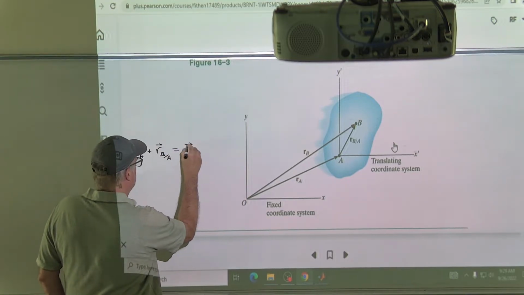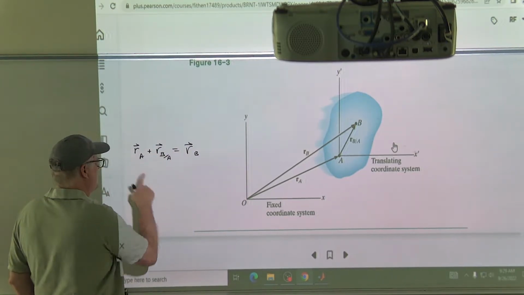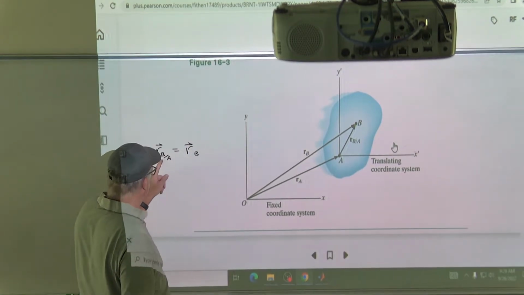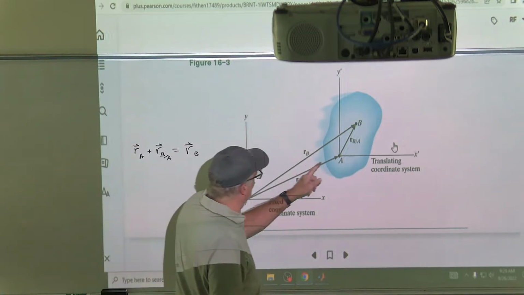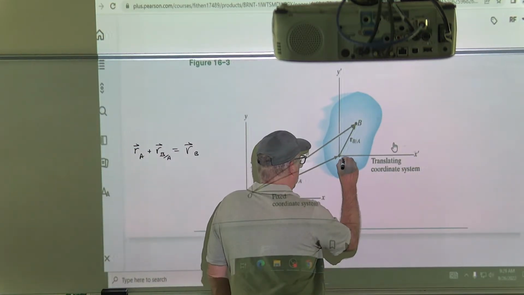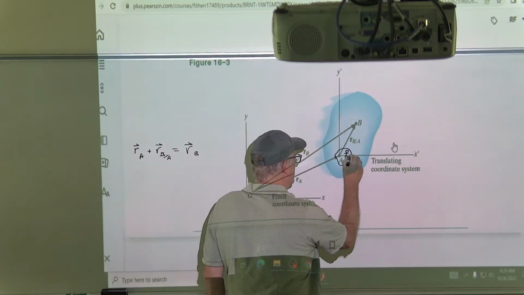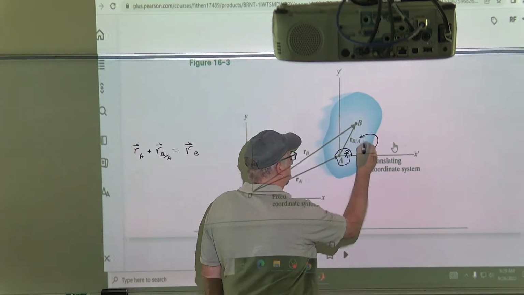I was thinking of writing that first, and then my brain didn't do that. So in fact, this one is what motion. So here, there's a person sitting here at A. This is what they see.